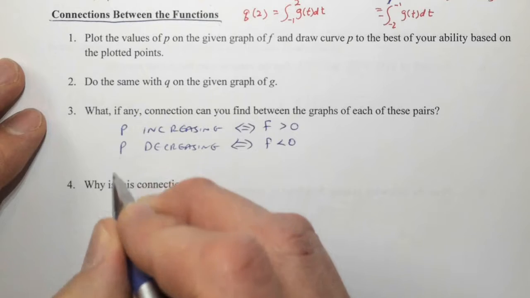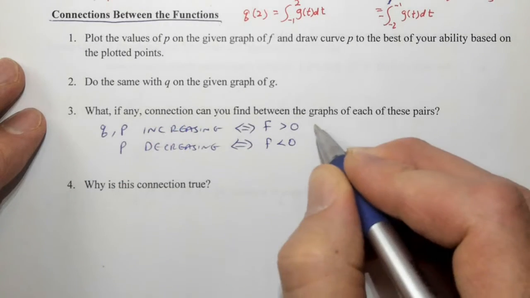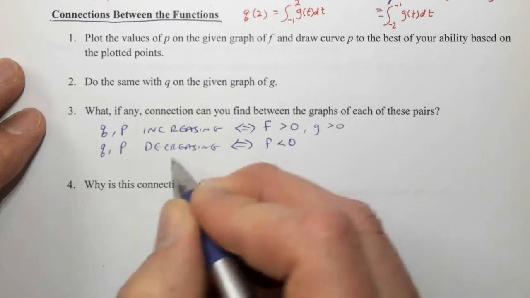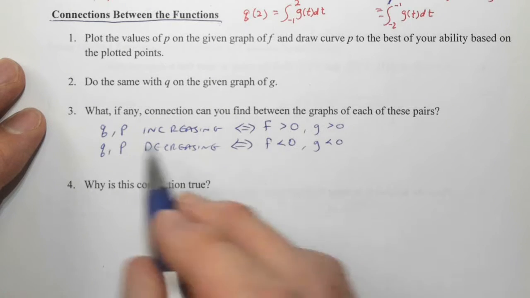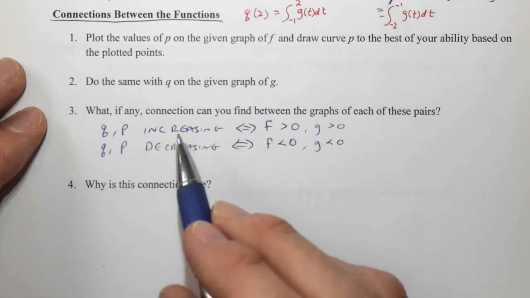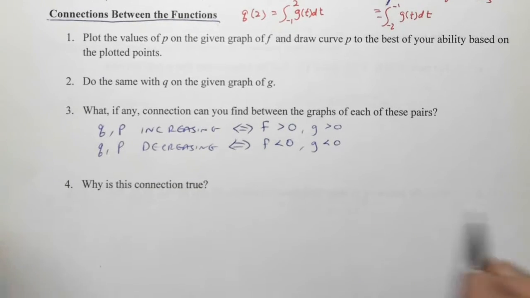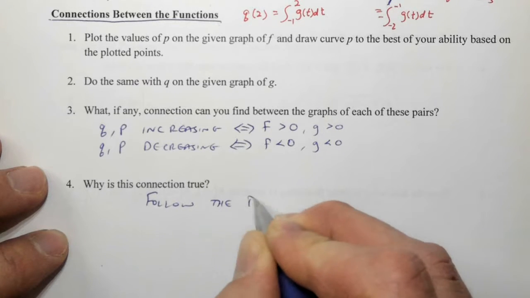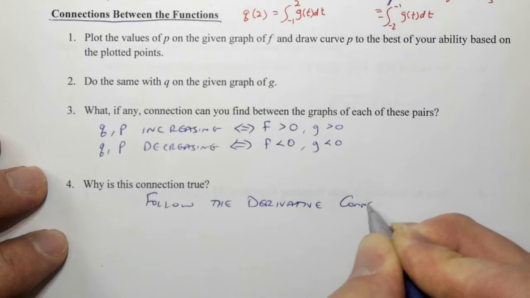So q is increasing when g is positive, and q is decreasing when g is negative. We know about this already. These are our connections between a function and its what? Yes, its derivative. These connections are true because these follow the derivative connections.